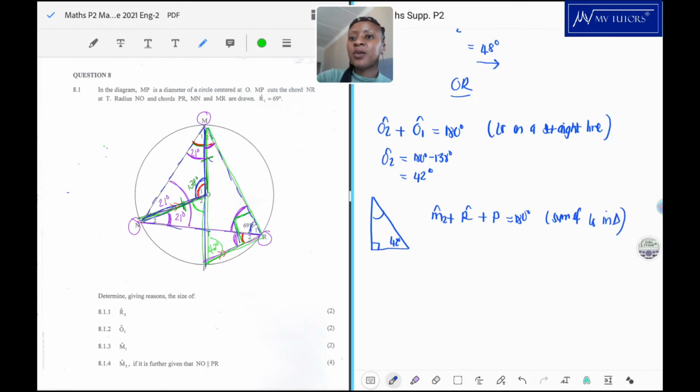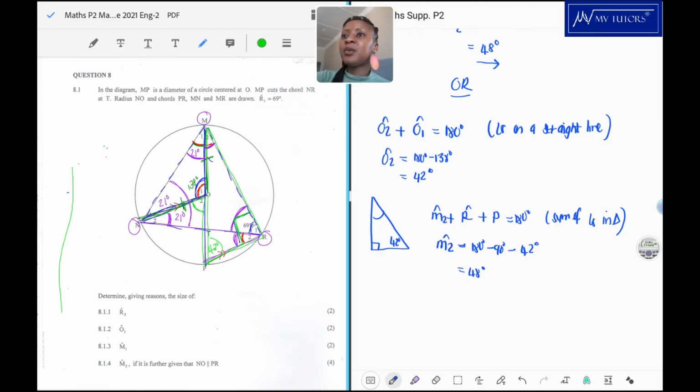So I know that M2 is actually equal to 180 minus 90 minus 42, and that will give me 48 degrees. So that's I think another simpler way of doing it, but you get the same answer.